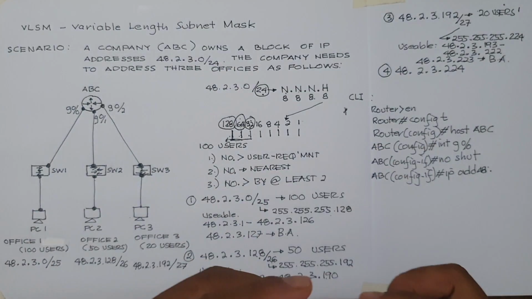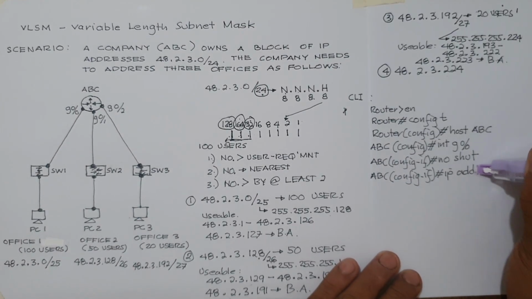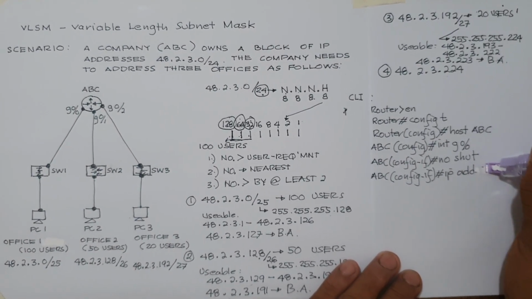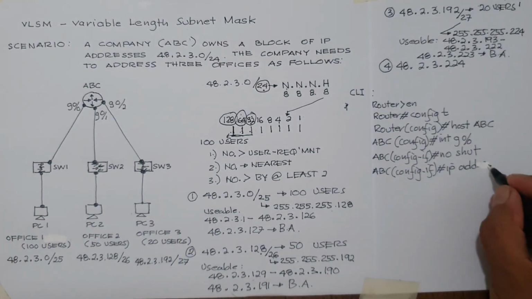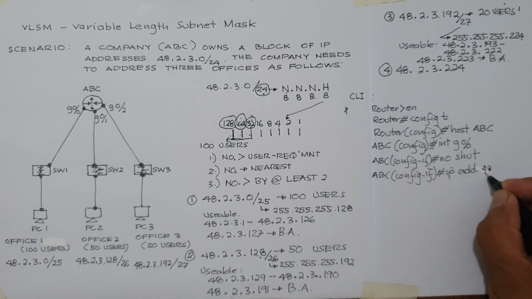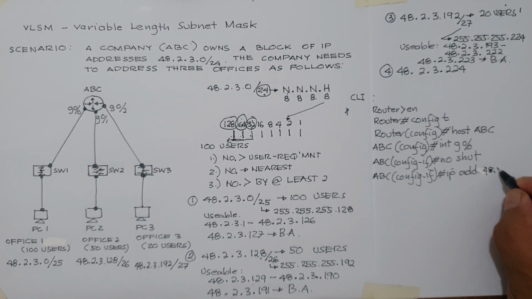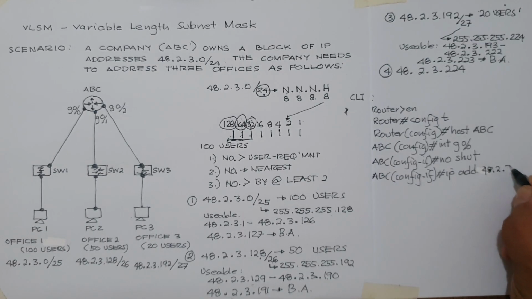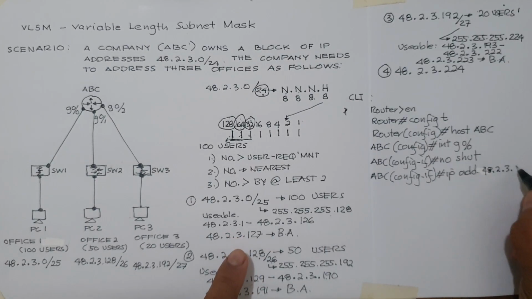Let me just erase this because there should be a space. Yeah, there should be a space. So IP add space 48 dot 2 dot 3 dot 1.